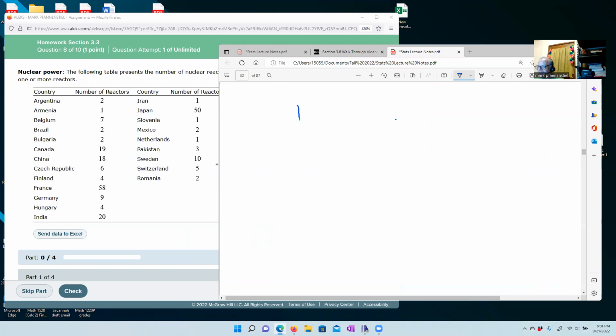The way I would do it is I would make something called a stem and leaf plot. So we've got a 0. What I'm going to do is say, well, we have a 2, a 1, 7, and there's a couple more 2s. So we have a 19. This is my tens column, and this is my ones column.